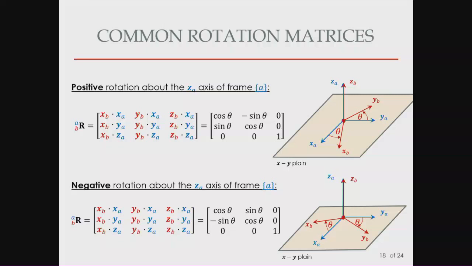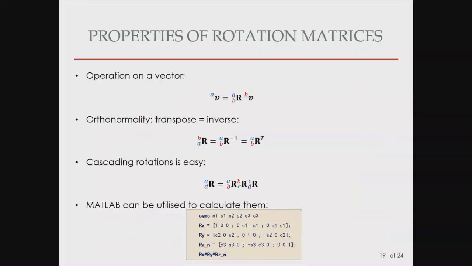And third, common rotation matrices, which are rotations about a single axis, either x, y, or z, and I told you please learn them by heart for your tutorial even, all right? What we are going to go through now are some properties and some examples to practice, and hopefully that would clarify everything you need for your tutorial next week.